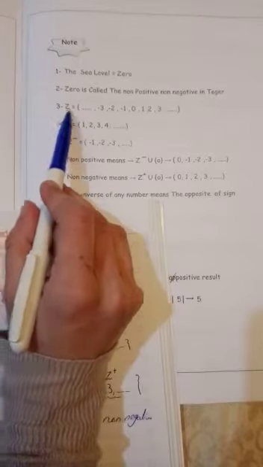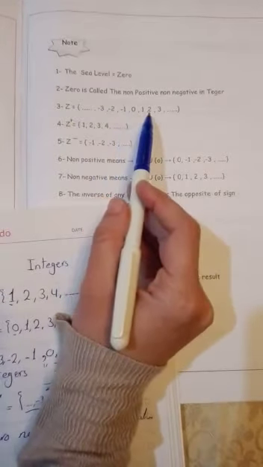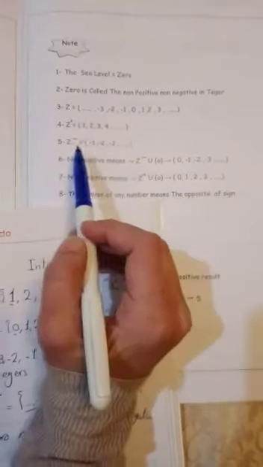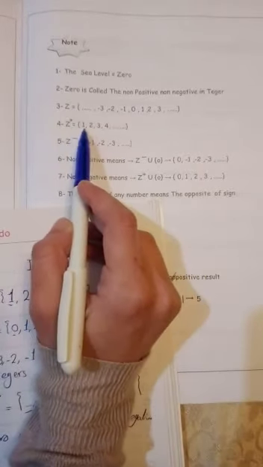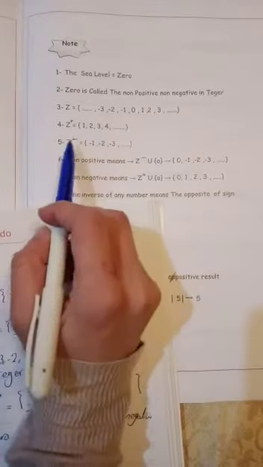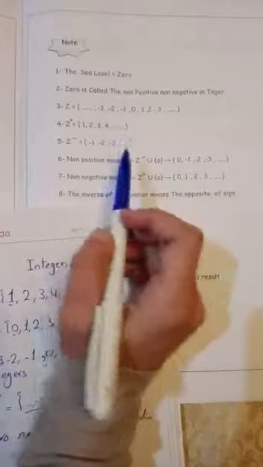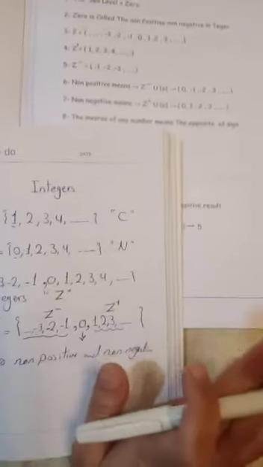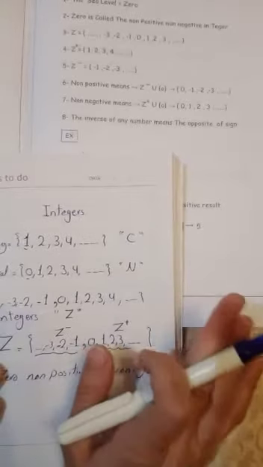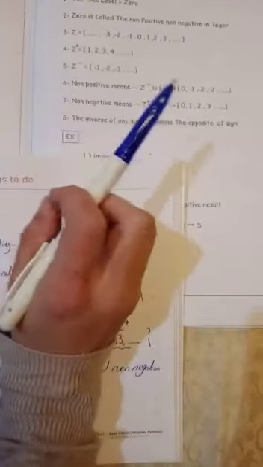Again, Z, the integers, has 0, the positive numbers and the negative numbers. 0 is neither positive nor negative. It is just an integer, non-positive and non-negative.